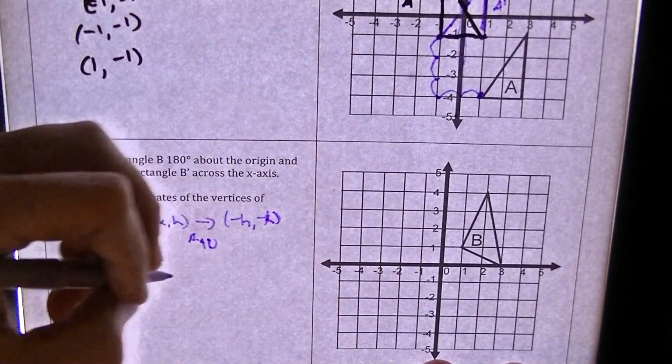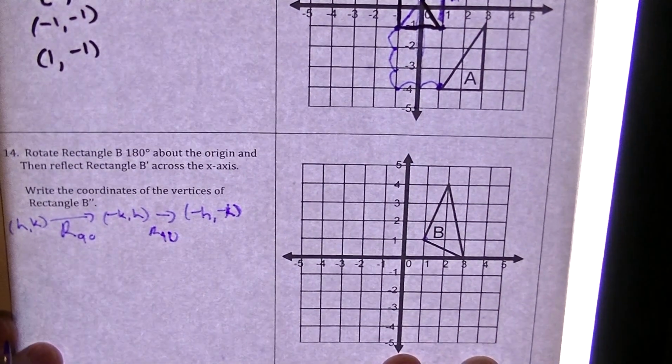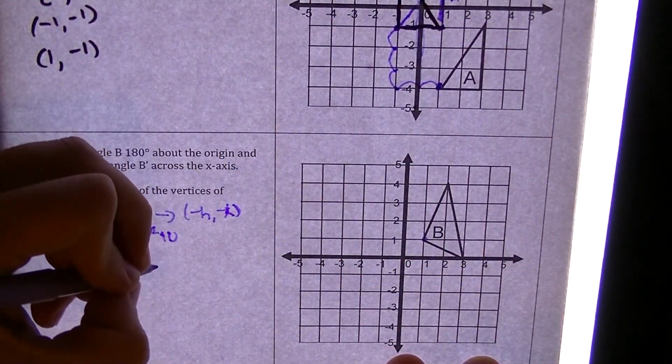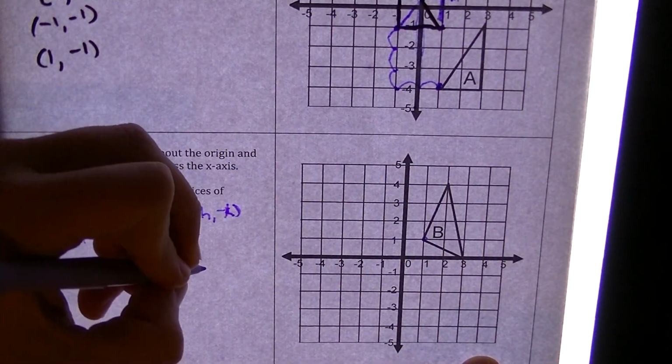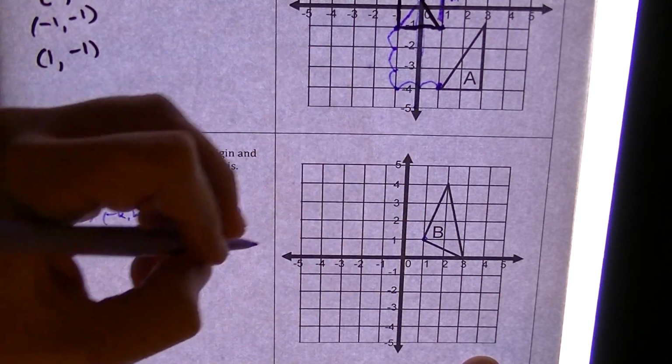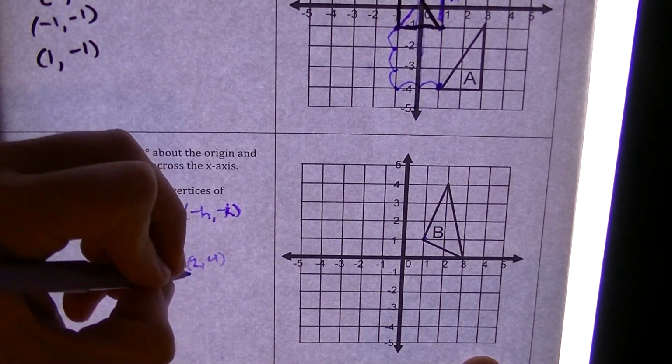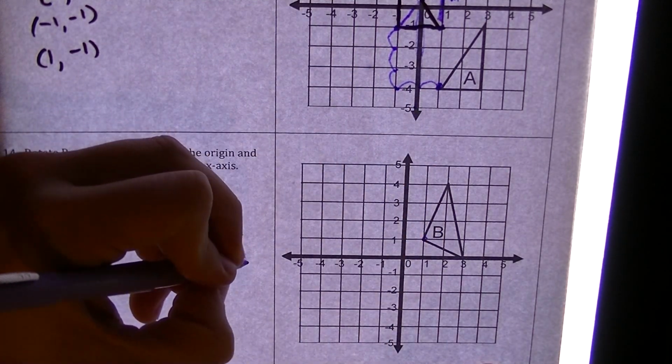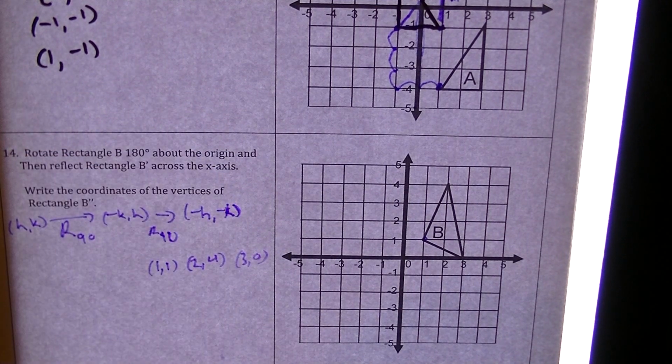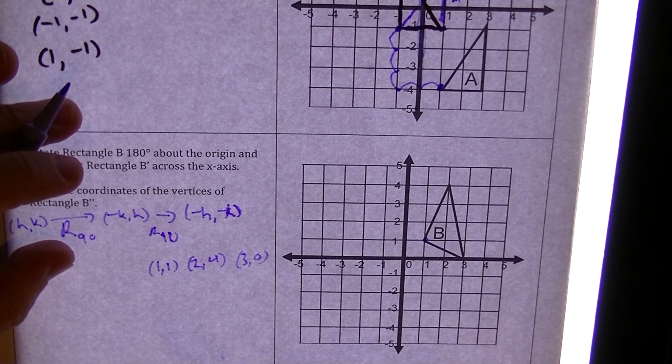And so now let's look at my coordinates. I've got the point 1, 1, the point 2, 4, and the point 3, 0. So rotation 180 degrees is going to keep them in the same place and just change the sign.